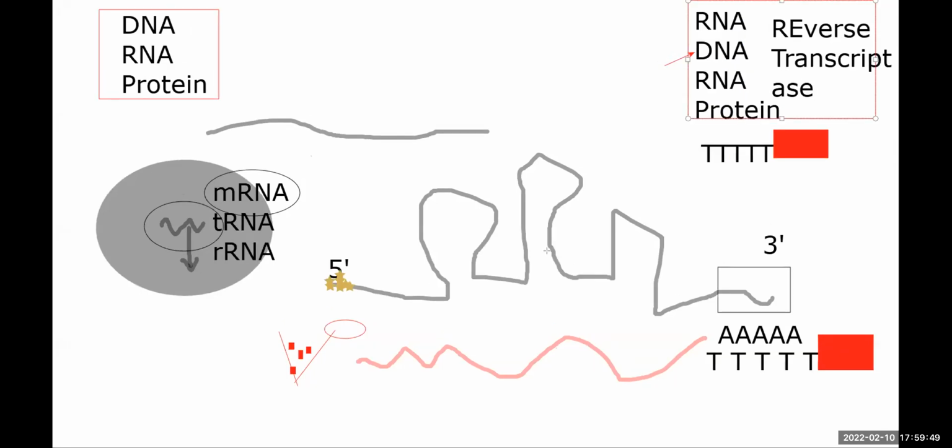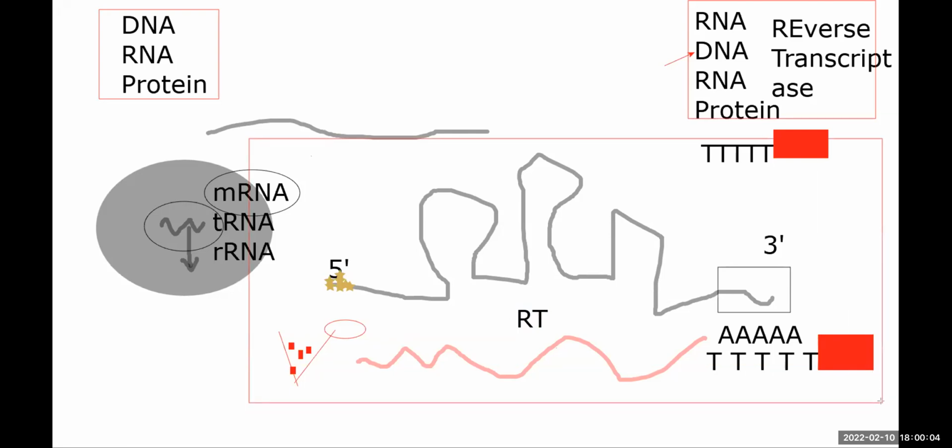Which enzyme can convert this RNA into DNA? This enzyme is called RT. Now this acts as a platform for COVID-19 diagnosis. I have gone through this: I was not feeling well, I went to the clinic, and they took my nasal swab.